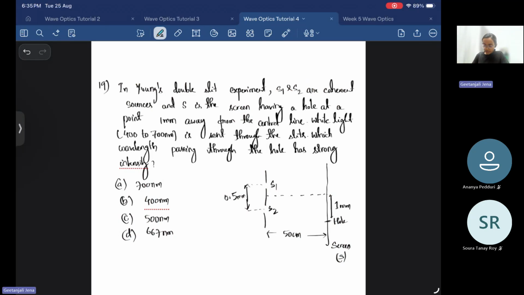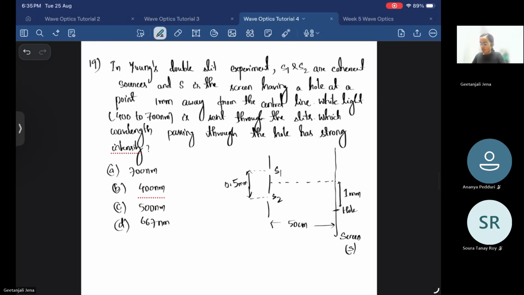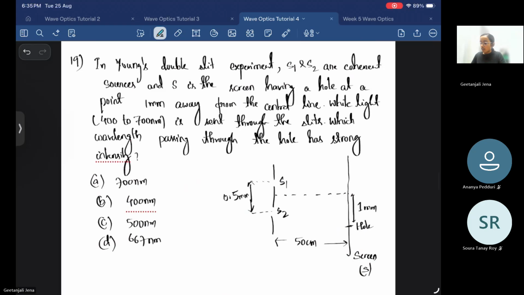So question number 19: in a Young's double slit experiment, S1 and S2 are coherent sources, and S is the screen having a hole at a distance of 1 millimeter away from the central line. White light from 400 to 700 nanometer is sent through these slits. Which wavelength passing through the hole has strong intensity?